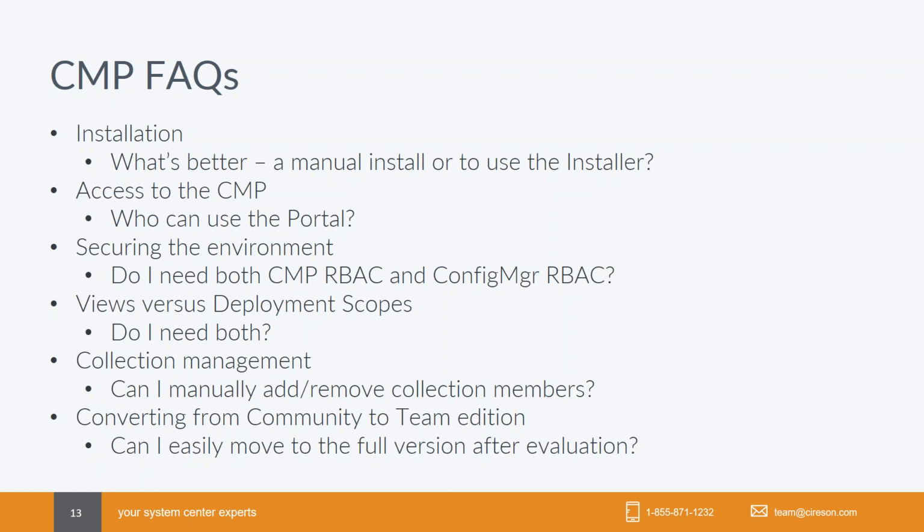Create security groups and then set security rights on those security groups and what they can do inside the ConfigMan portal. And what will happen is that when you create things in the CMP that are related to Config Manager, like a deployment or creating a collection or creating a software task sequence, we'll use that app pool identity account as the account in Config Manager that would do the work.